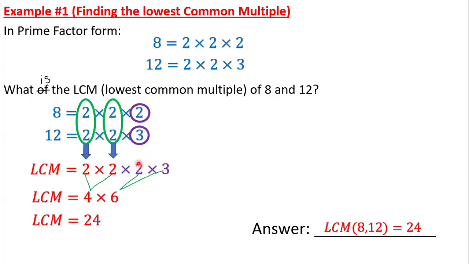Yes, sir, I do. And what is 2 times 2? That gives us 4. And what is 2 times 3? That gives us 6. Good. And what is 4 times 6? 24. Very good.